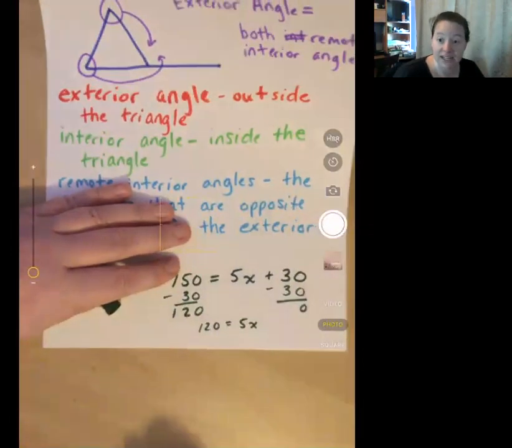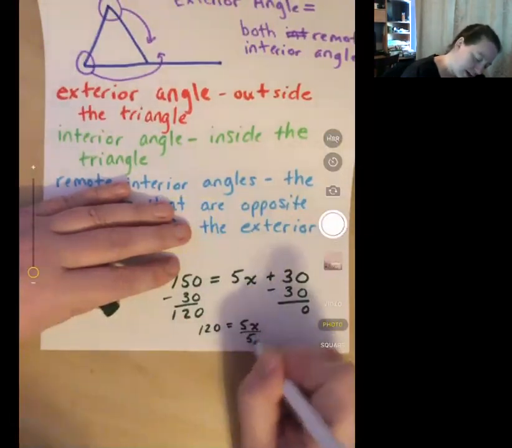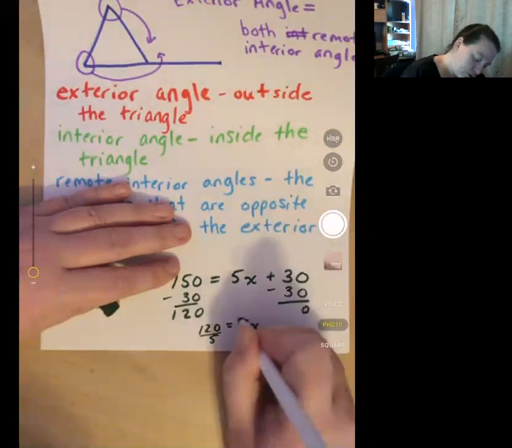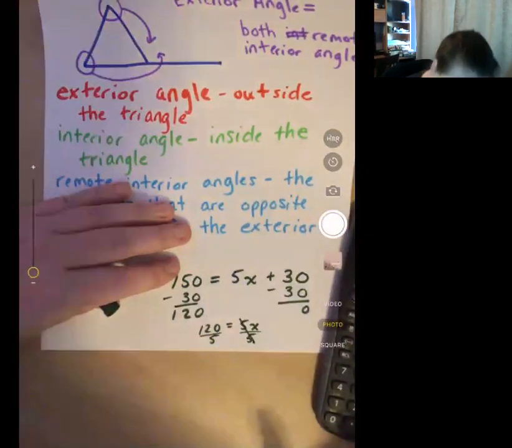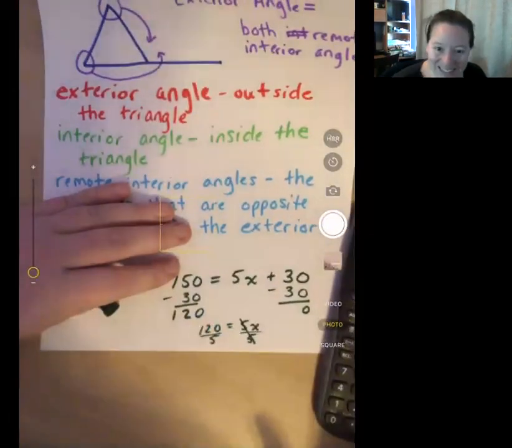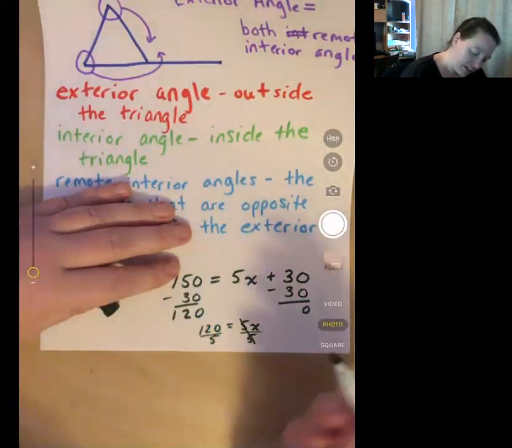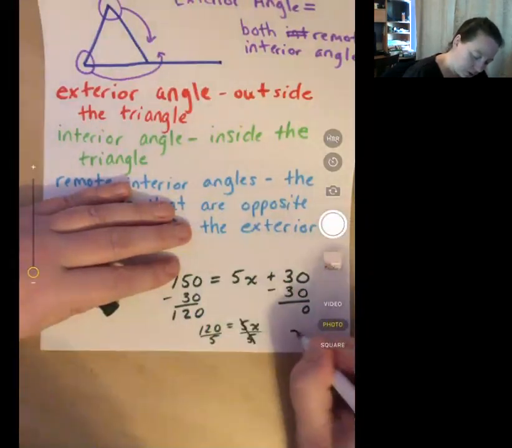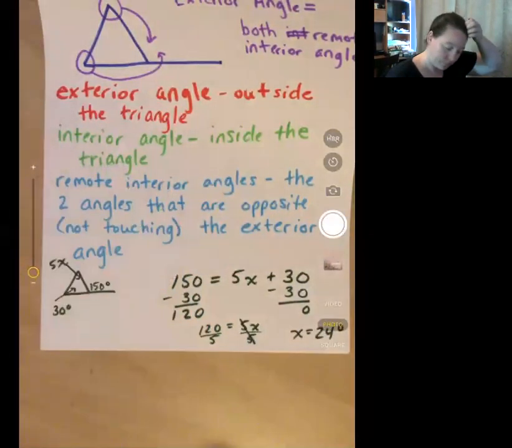The 5 is connected to the x by multiplication, so I am going to divide by it. Those 5's cancel each other out. I have my calculator. Always have your calculator. And 120 divided by 5 is 24. So x equals 24 degrees.